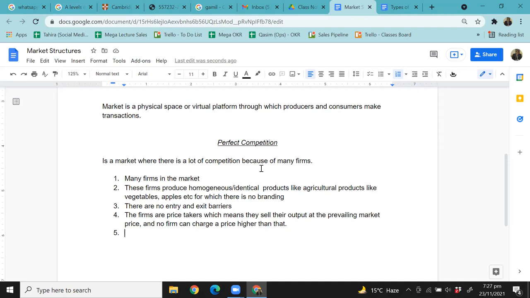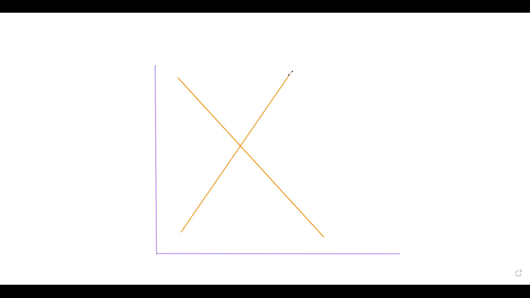It is based on the total market supply and the total market demand. If there is absolutely no difference in the type of apples produced in any city of Pakistan, how will the price of apples be determined? It is only on the basis of the total availability and the total demand. Down sloping is the market demand and upward sloping is the market supply.